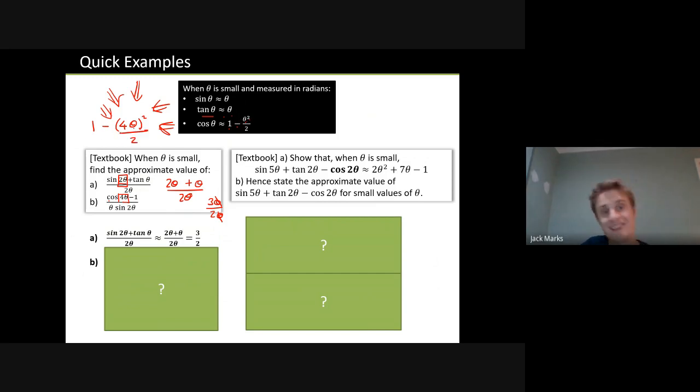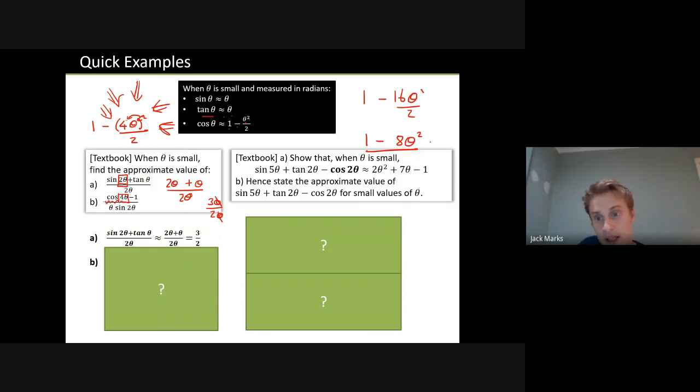Cos causes lots and lots of mistakes with this. Let's clean this up. So this is 1 minus 16, yes, 16, distribute the power, 16 theta squared over 2, which is the same as 1 minus 8 theta squared. That's all just this part here.